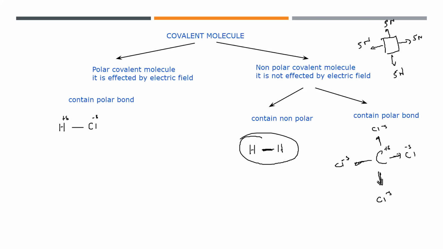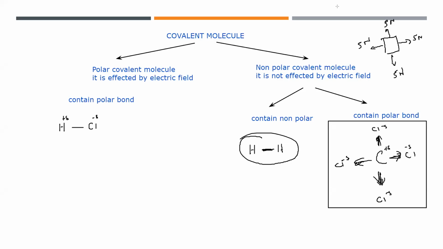Same thing happens here: each chlorine is trying to attract the bond pair and the resultant distribution is zero. So these bonds are polar, that's right, but the resultant molecule is non-polar, so this molecule will not be affected by electric field. So we check the type of the bond and the geometry of the molecule to identify whether it will be polar or non-polar.